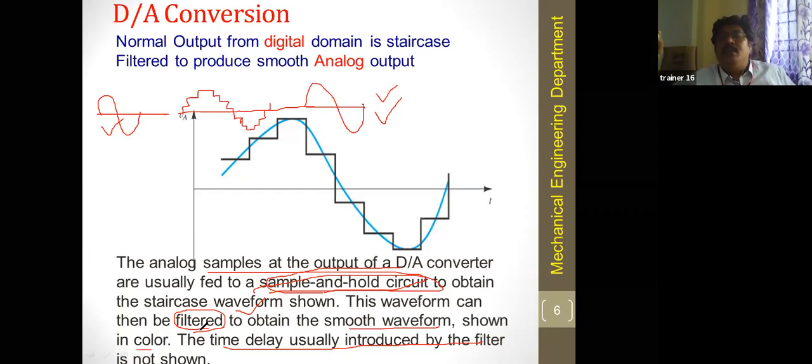That electrical signal we are giving to the actuator to activate any element. Now you understand, right? Here the output is very accurate. That's why we have to go for ADC and DAC for industry purposes.